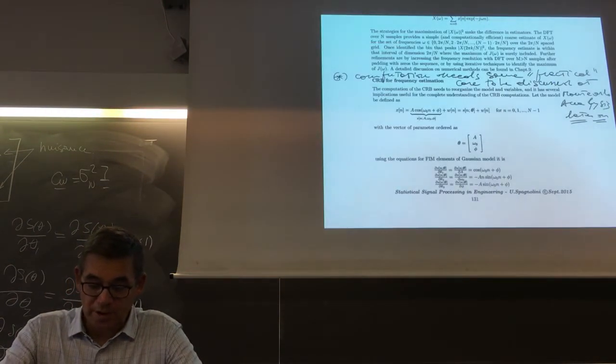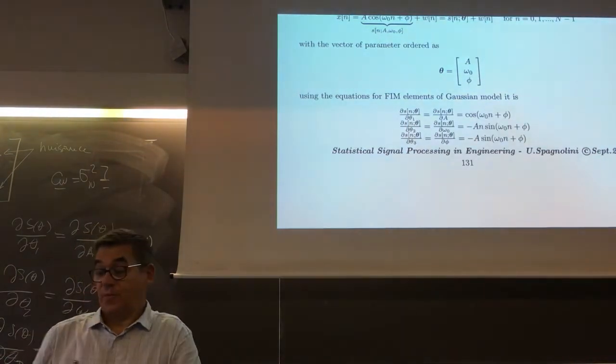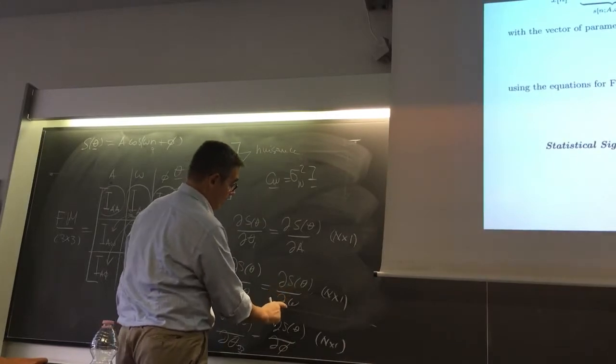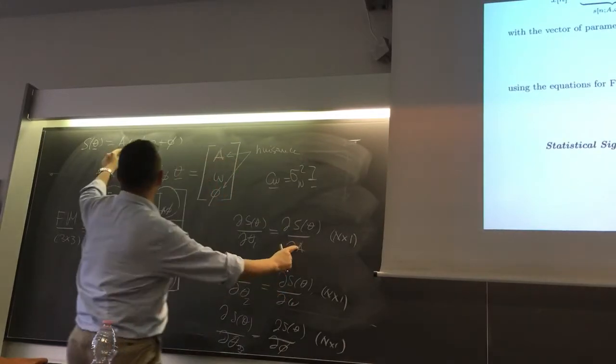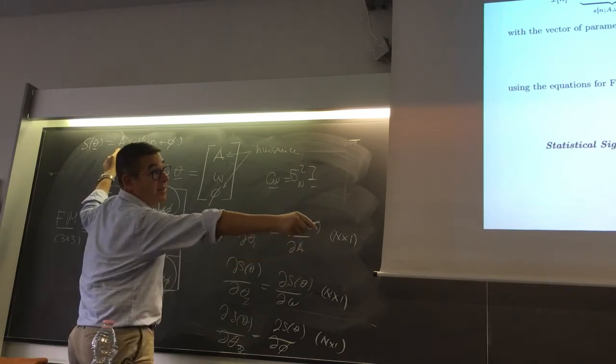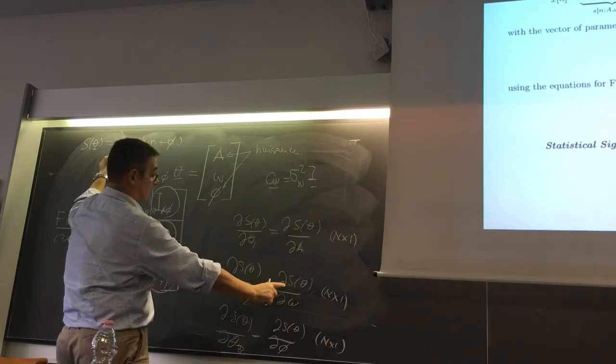So, what kind of parameters then? Now, what is the derivative of that one with respect to amplitude? Cosine, right? Good. What is the derivative of this one with respect to omega?